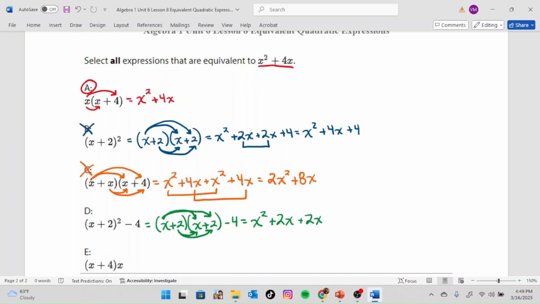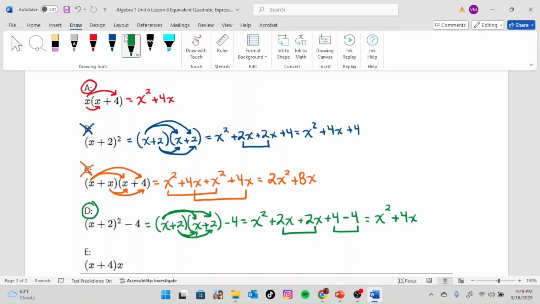And 2 times 2 is 4 minus 4. We can combine the like terms, and we end up with x squared. 2x plus 2x is 4x, and 4 minus 4 is 0. So we have x squared plus 4x. That does match what they gave us at the top, so D is an equivalent expression.